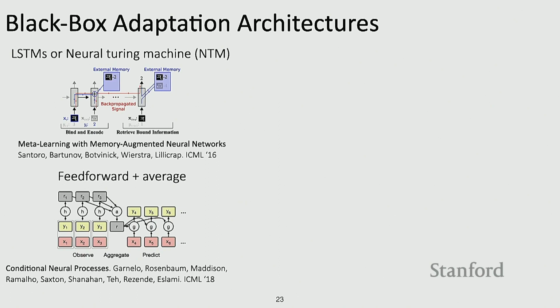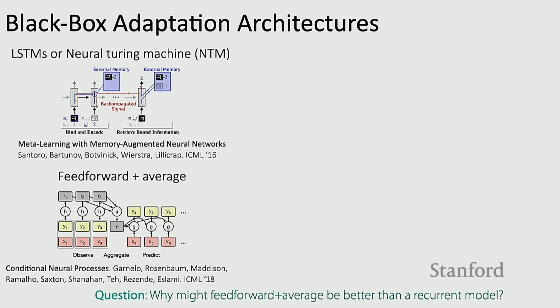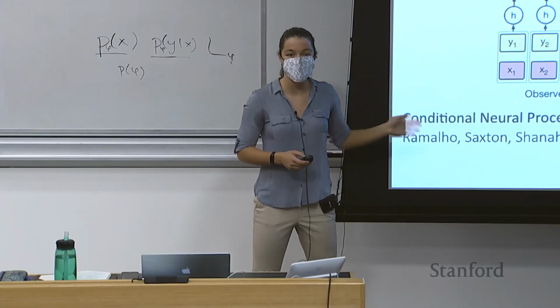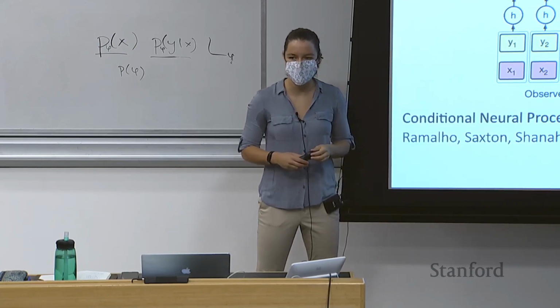That single context is then used by the network G in order to make predictions. Does anyone have any thoughts on why a feed-forward and averaging architecture for computing the context might be better than something like a recurrent neural network?